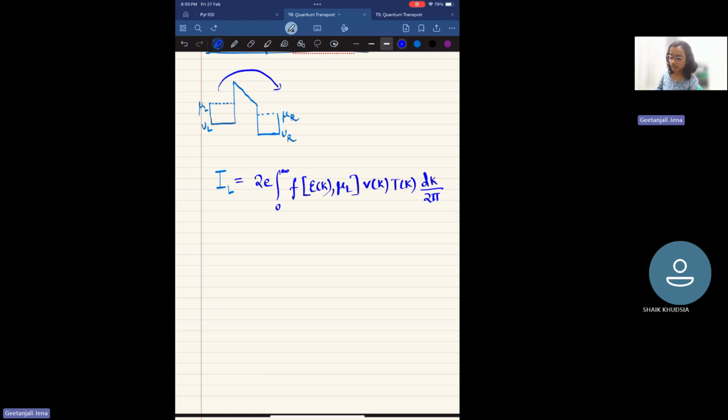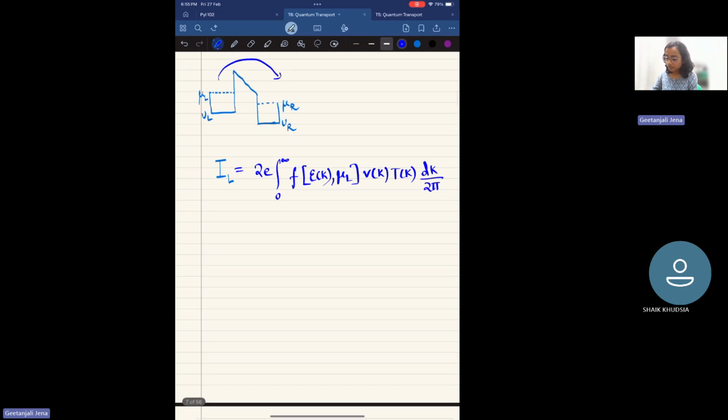If we recall the group velocity, the definition is d omega by dk. We want to relate dk with dE, so let us divide the numerator and the denominator by dE.